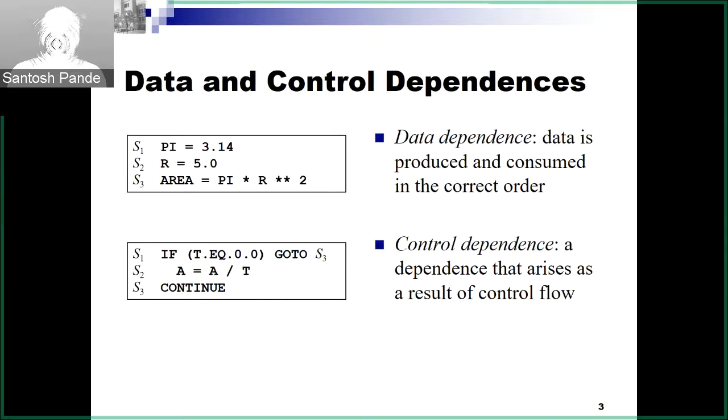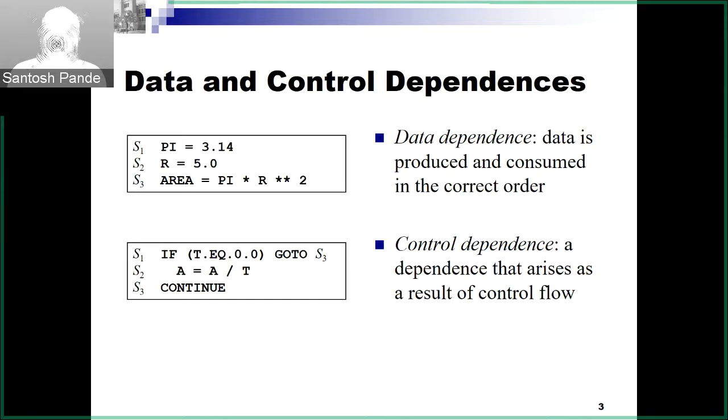So what exactly is the difference between data dependence and control dependence? You can see in the top level example, we have these values of pi and r, and they are being used in the area calculations. So it's all executing these different statements.